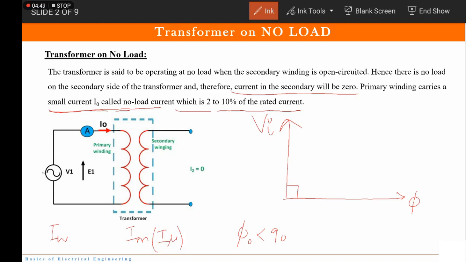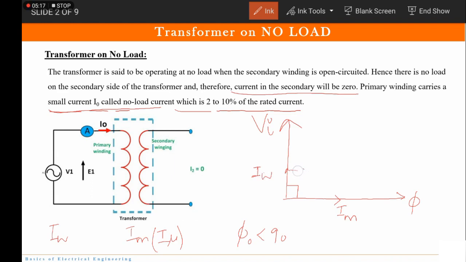Magnetizing component is basically responsible for generating the flux in the circuit. So if it is responsible for generation of the flux, it means this will be in phase, correct? And the working component will be here, correct?